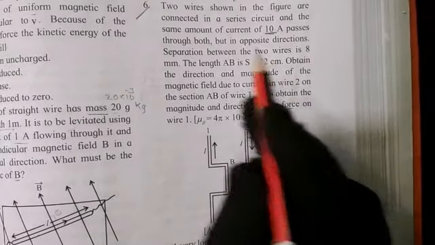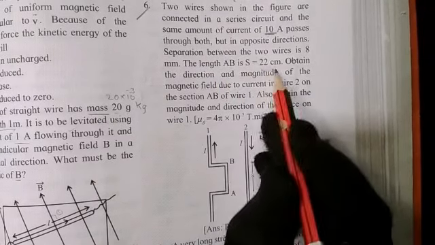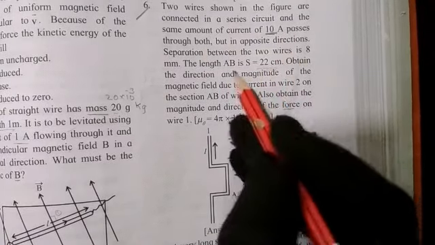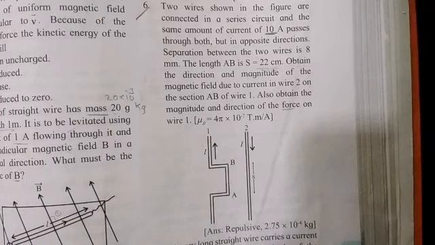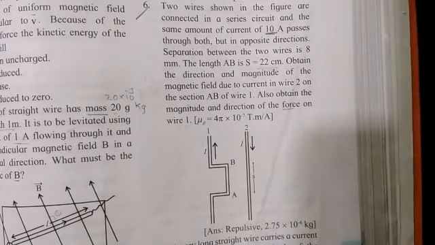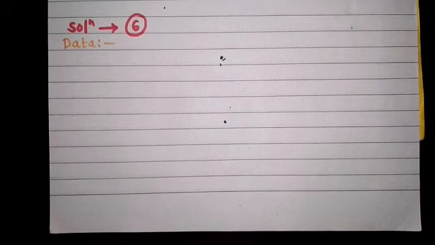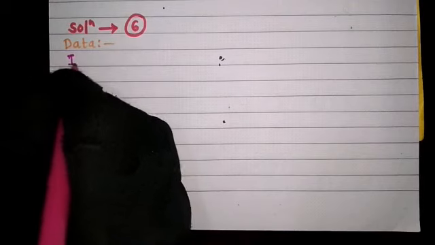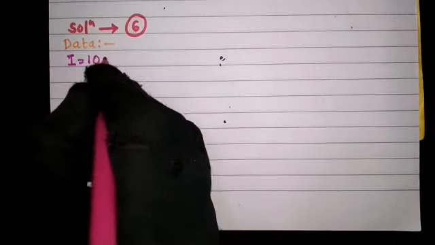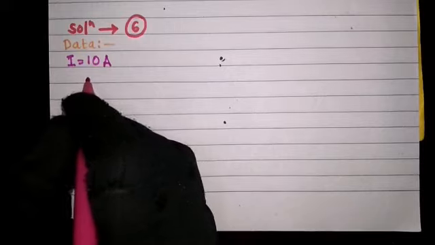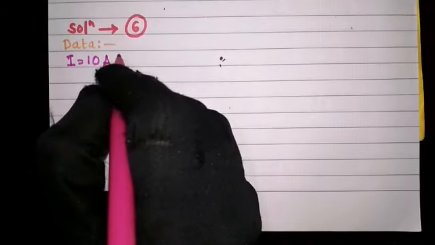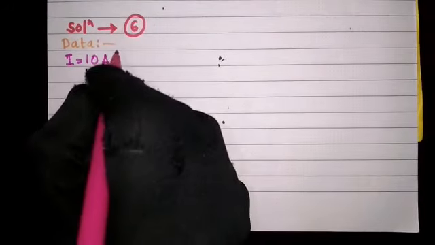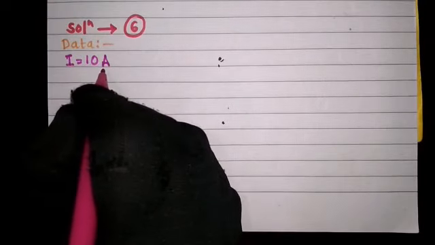We have been given these two, which are the lengths. So let's write the data. Here the current I in both wires is the same, that is 10 ampere, so I1 and I2 are both equal, you can write I as 10 ampere.